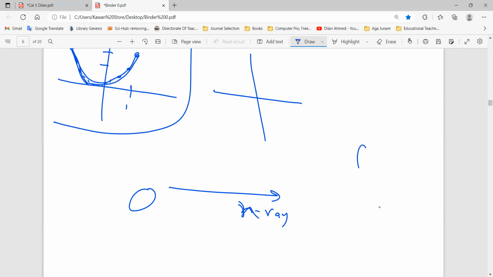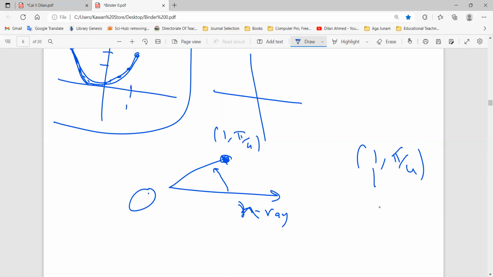So when I say 1 and, for example, pi over 4, it means I go counterclockwise up as an angle, and I have 1 unit radius, 1 unit distance from the origin to here. So that point will be (1, pi over 4).